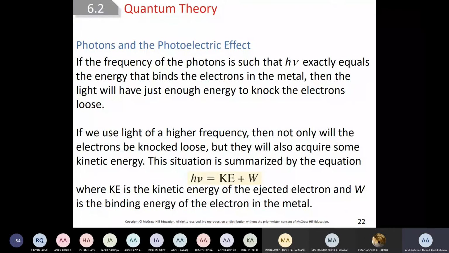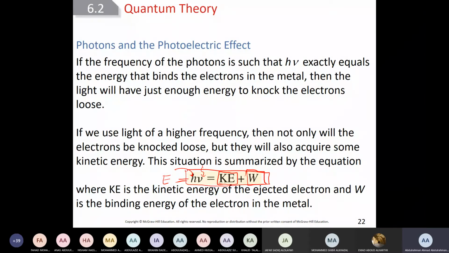We have this equation, which is important: h nu equals KE plus W. What's h? Planck's constant. Nu is frequency. So this is the energy of the light, equal to what? What's KE? Kinetic energy. And what's W?